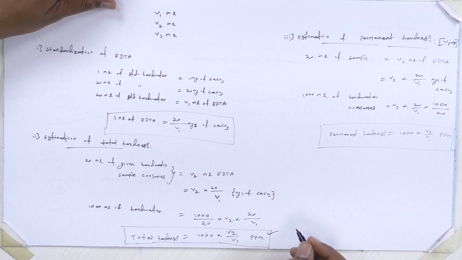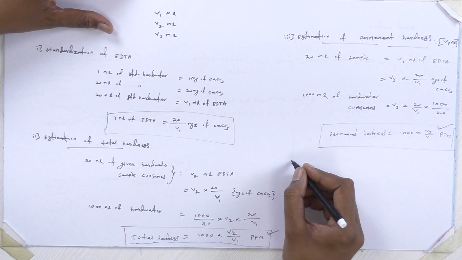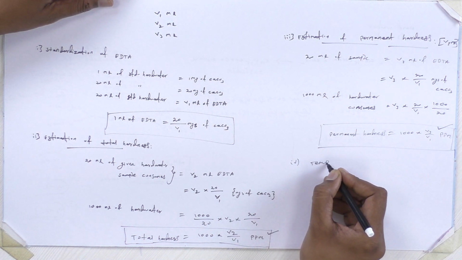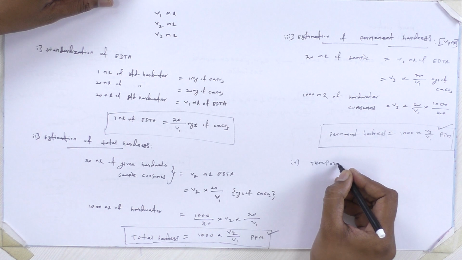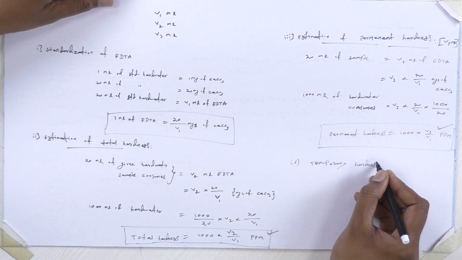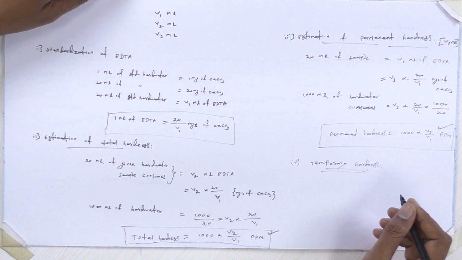Now we have total hardness and we have permanent hardness. What about temporary hardness? It is very easy.